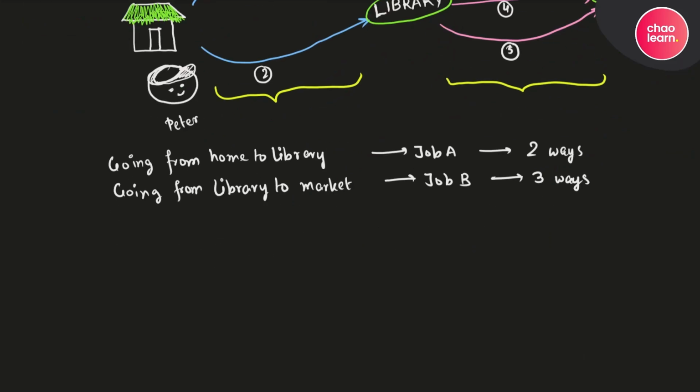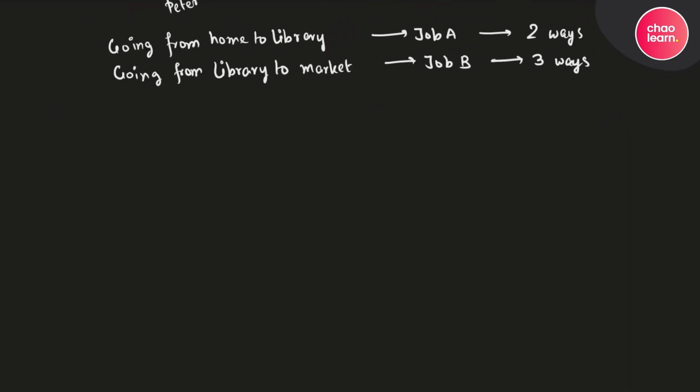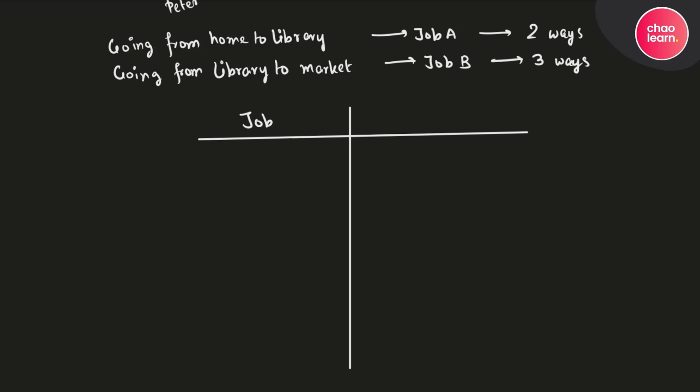So let's make a table. So here on the left hand side, I am writing job A, and on the right hand side, job B. Remember, in the context of this example, what job A and job B mean is written over here.